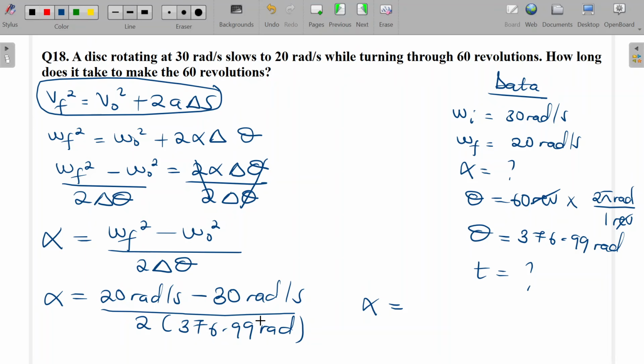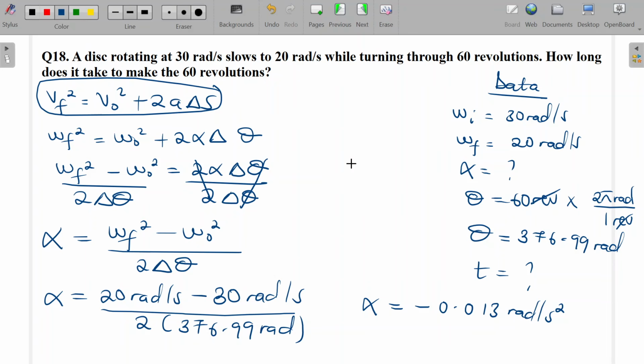What are we getting? We are getting an acceleration of negative 0.013 rads per square second. So this is our acceleration.